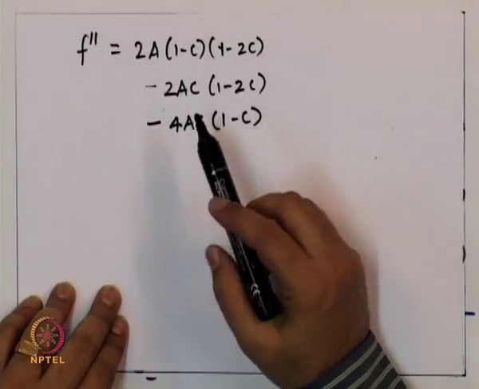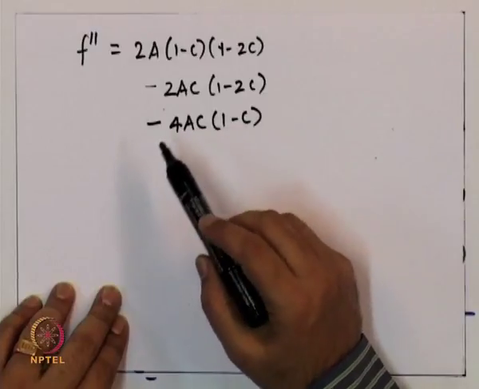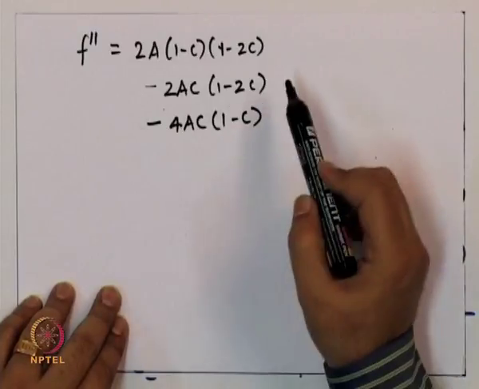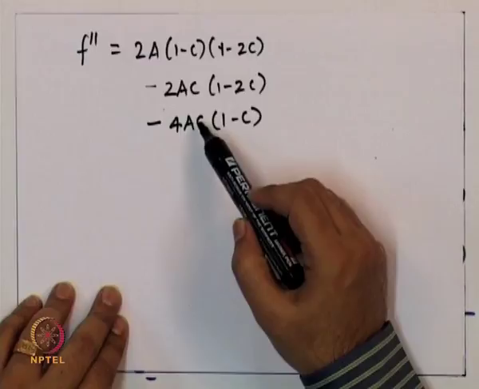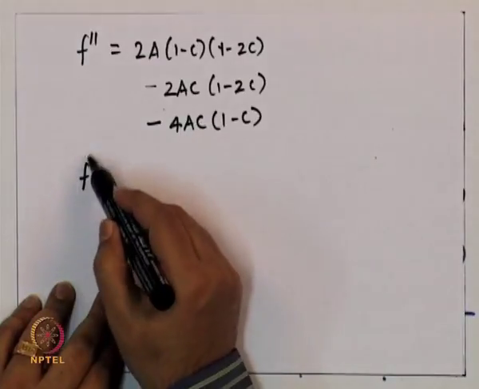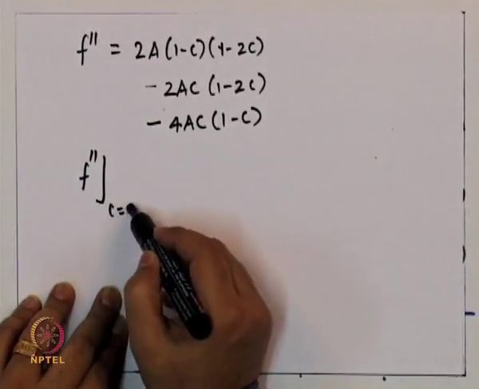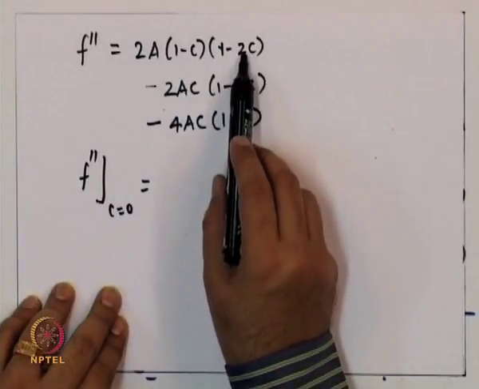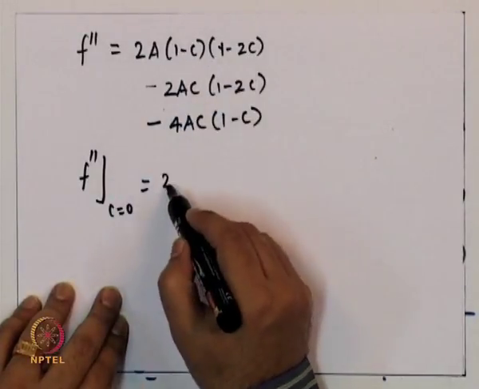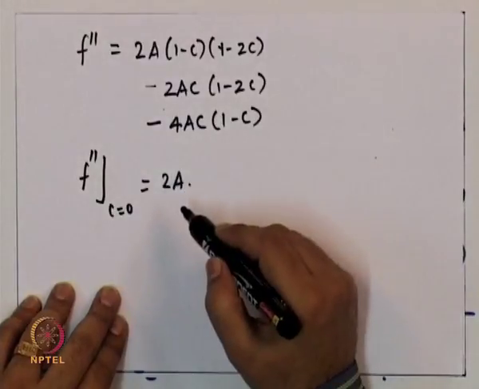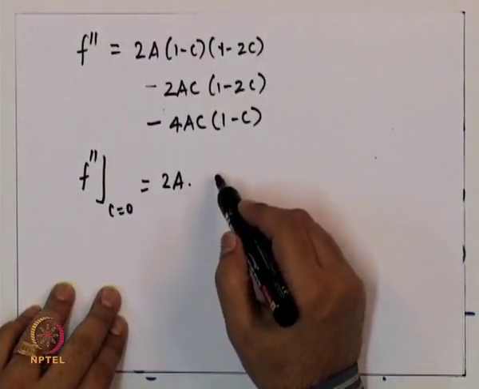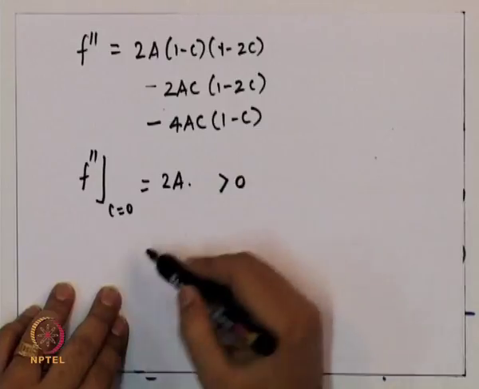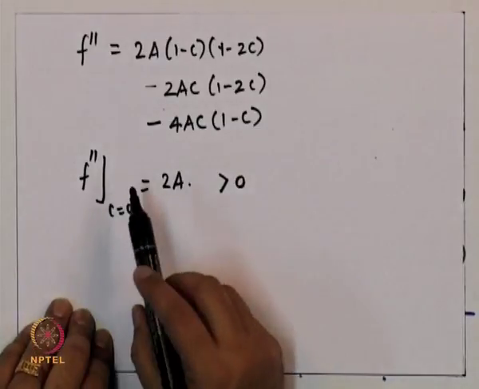Okay. Now, if you take the value c equal to 0, then these two terms go to 0. So, f double prime at c equal to 0 is equal to what? This is 0, this is 0. So, it is 2 A, and because A is a positive number, it is greater than 0. What happens at 1?